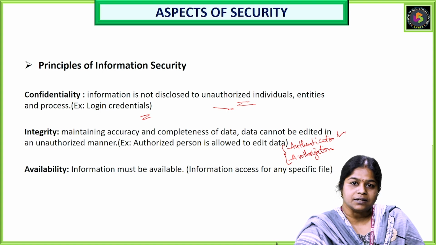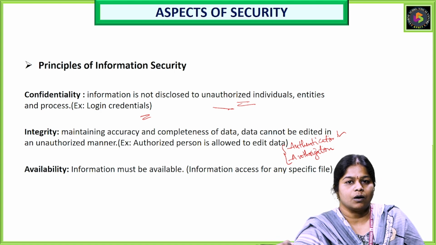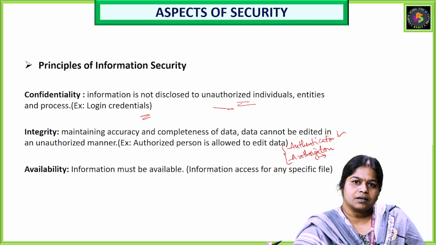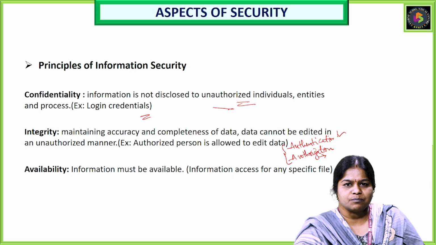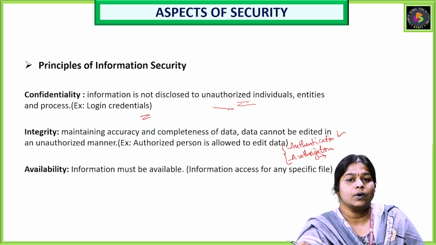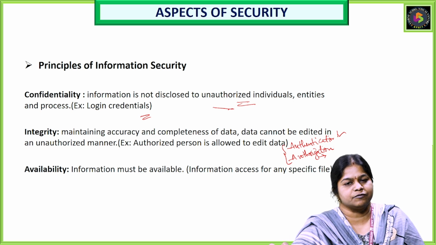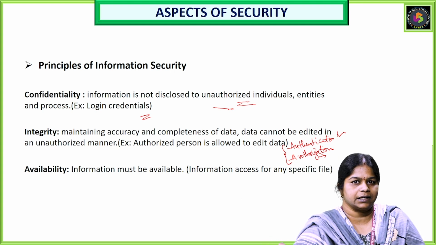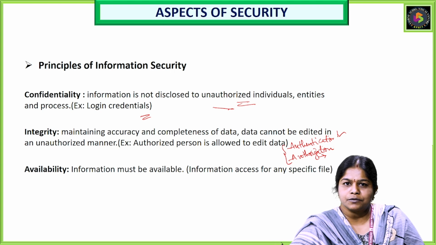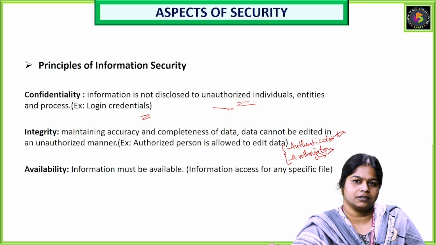When we talk about authentication, we have to discuss the right entity who is communicating on the channel, and authorization is the authorized person to access the channel. For example, the authorized person has to edit or modify the information. Unauthorized persons cannot modify the data. So we have to maintain the integrity. To maintain the integrity, we have to check the authentication part as well as the authorization part.